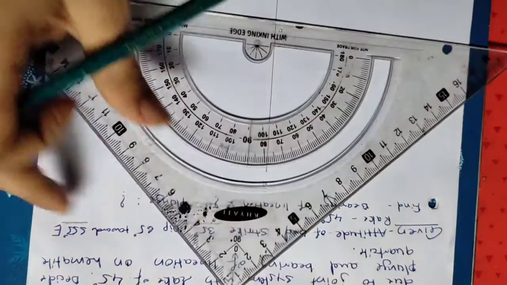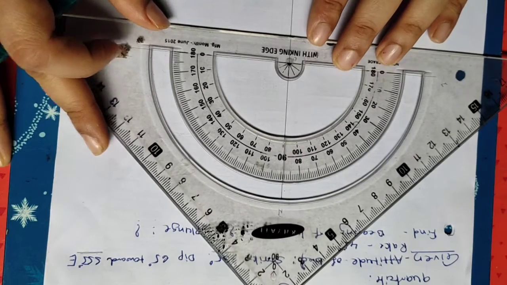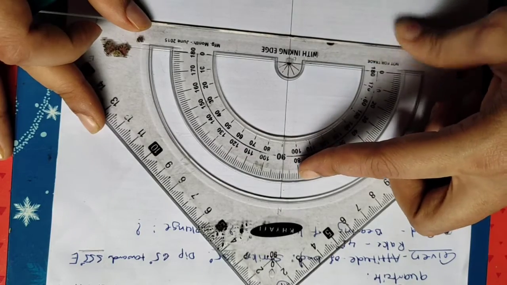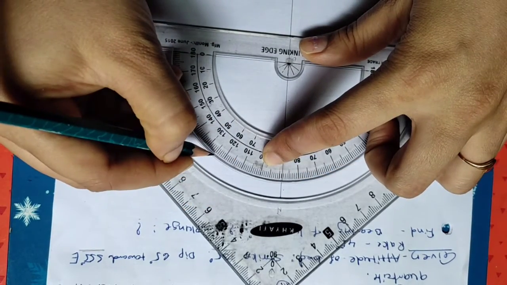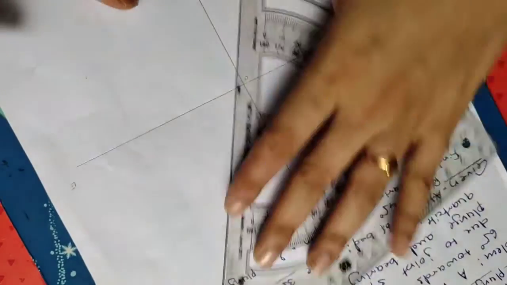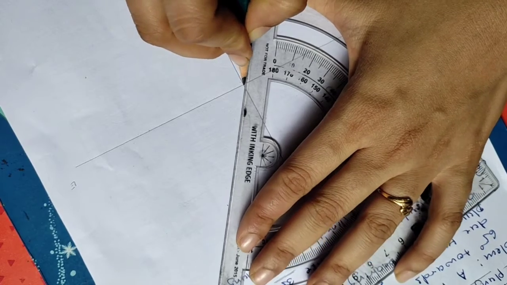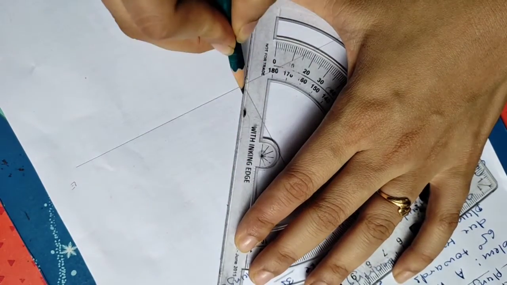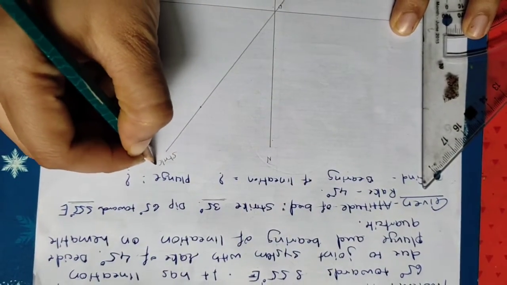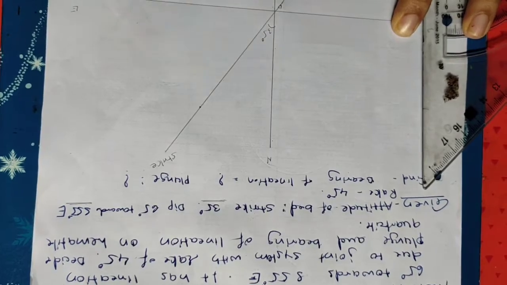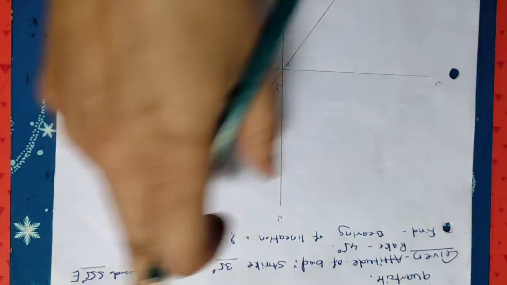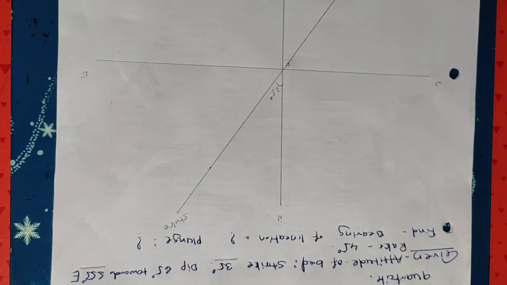The given attitude has a 35 degree strike. From the center, here it becomes the strike of 35 degrees, and then we have the dip direction, south 55 degrees east.